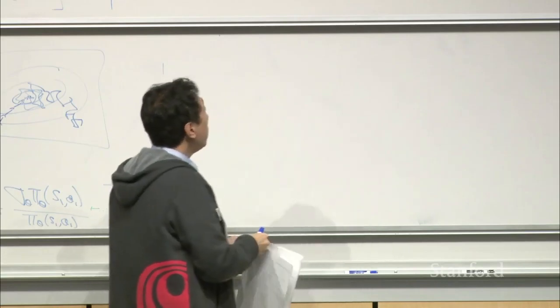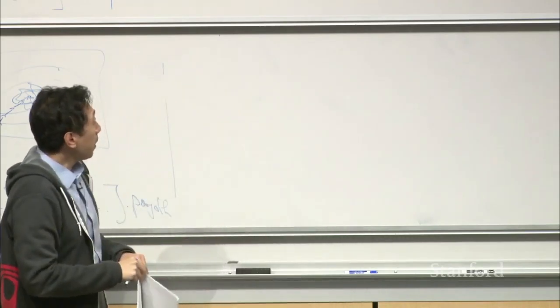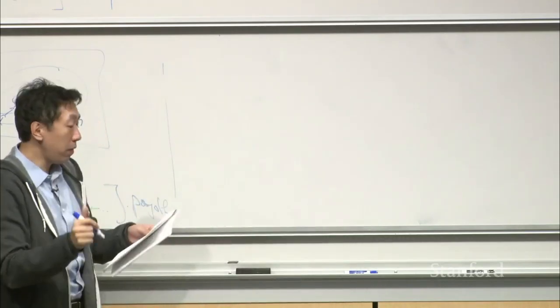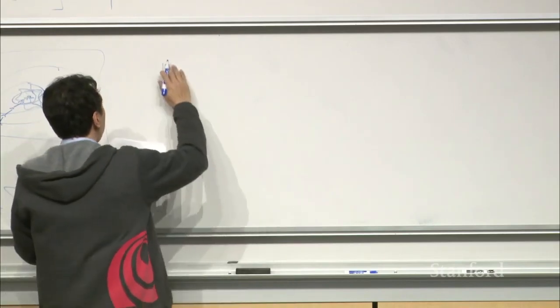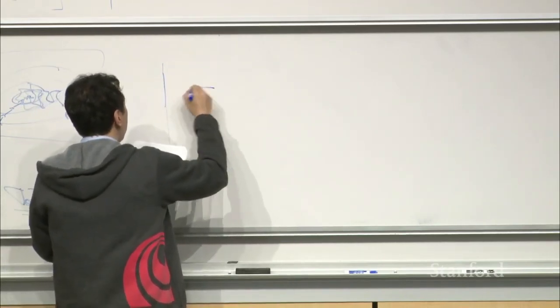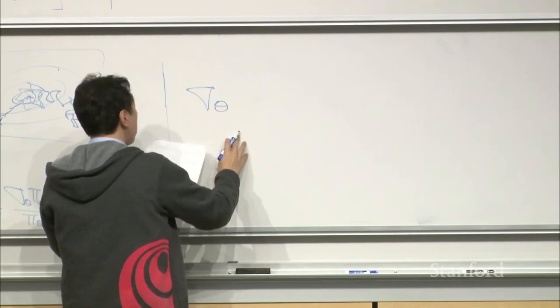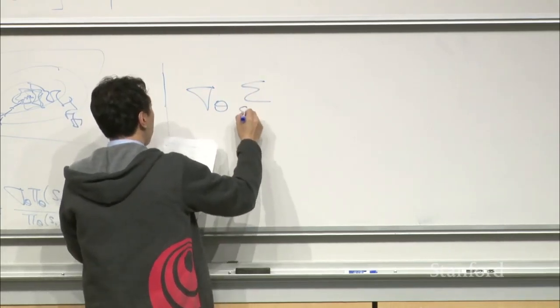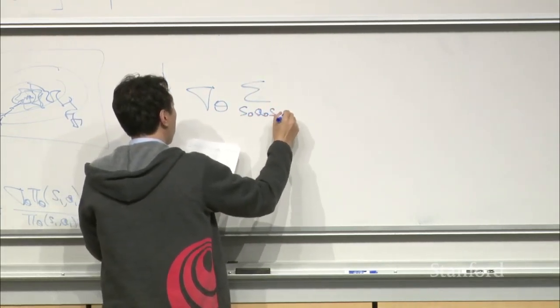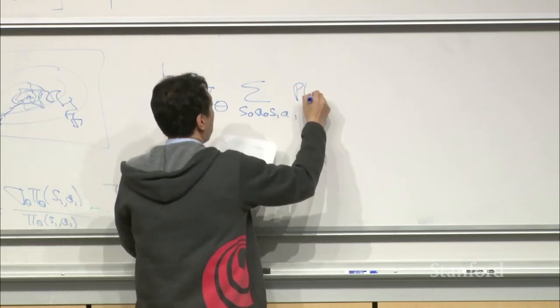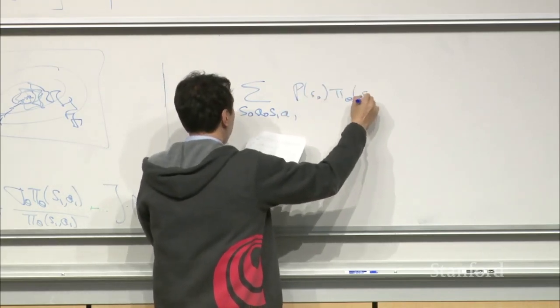All right. So what we want to do is maximize the expected payoff, which is a formula we derived up there. And so we're going to want to take derivatives with respect to theta of the expected payoff. I'm just going to copy that formula up there.